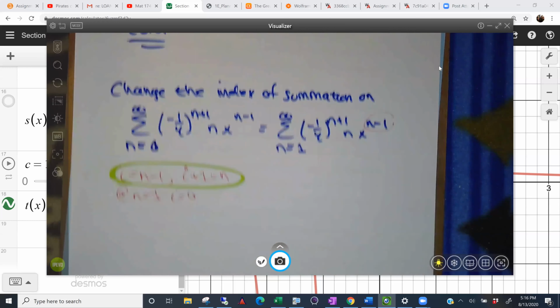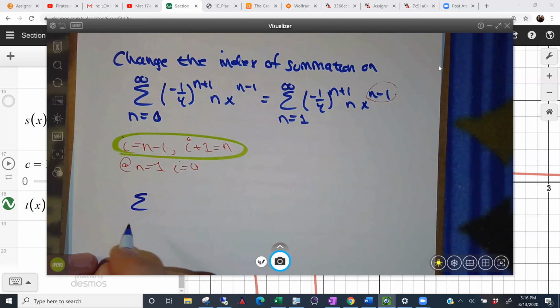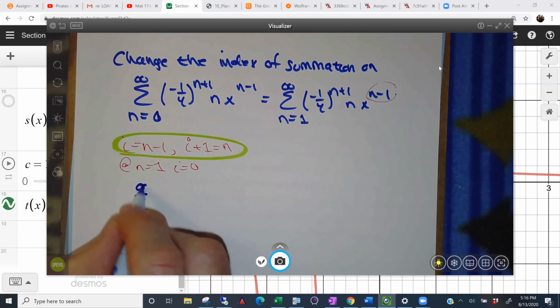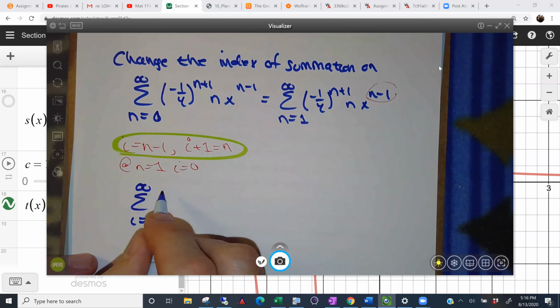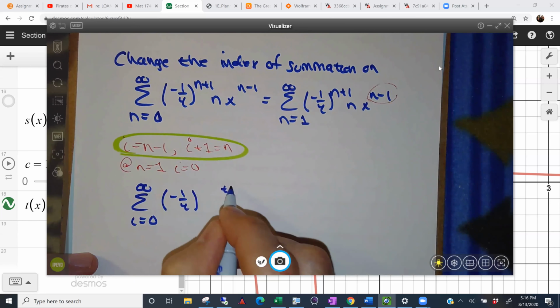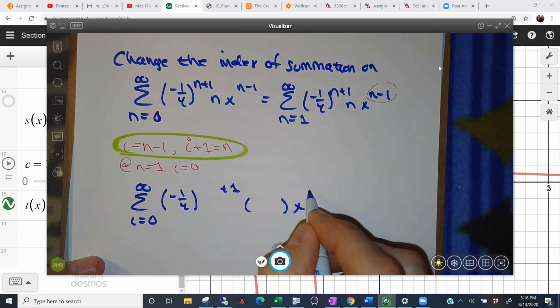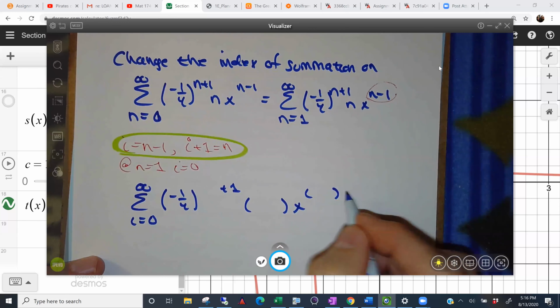And can I say that there's a lot of gains here? Not particularly in this problem, but that's okay. Sum from I equals 0 to infinity, negative 1/4 to the n plus 1, n plus 1, x to the n minus 1.